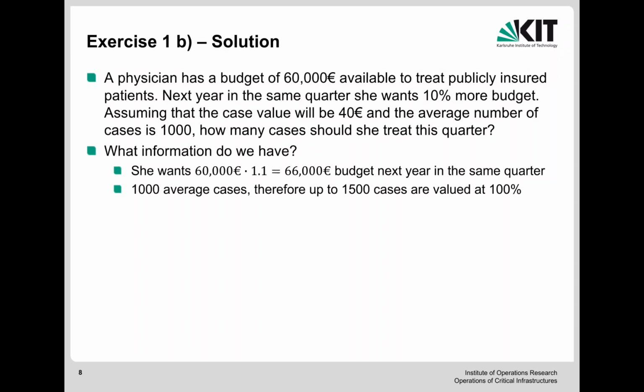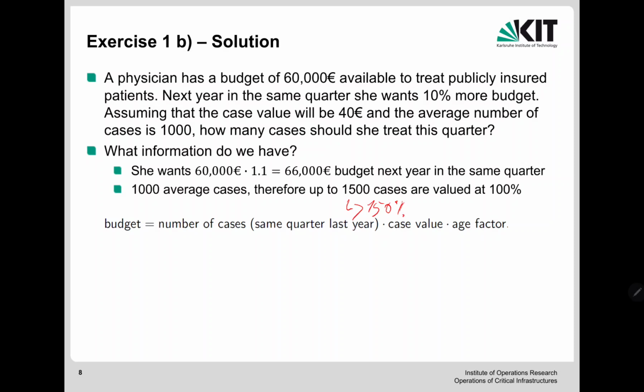That means we can get up to 1,500 cases. This is the 150%. And according to this diminishing table, up to 150% will be valued at 100%. Okay, so she will get her 40 euros per case up to 1,500 cases or patients. Okay, so this is what we know.